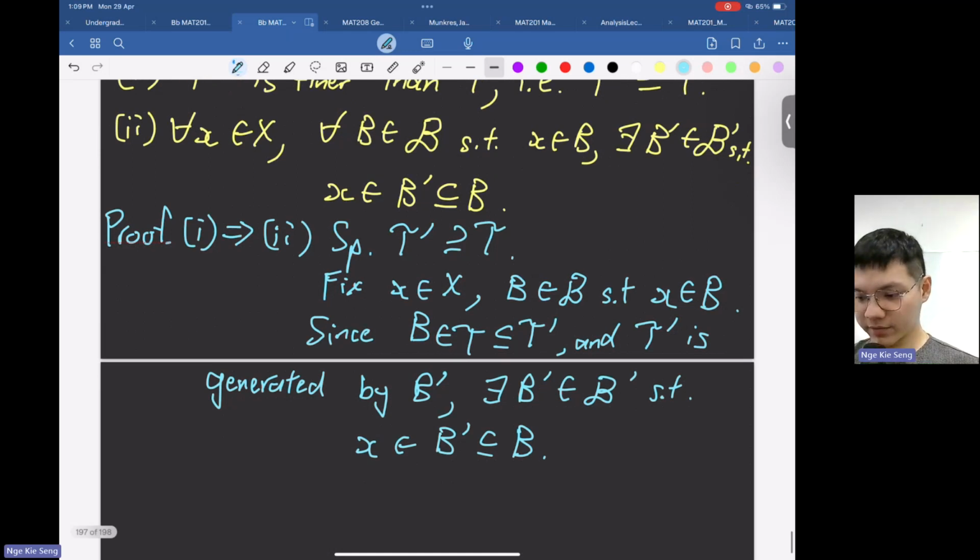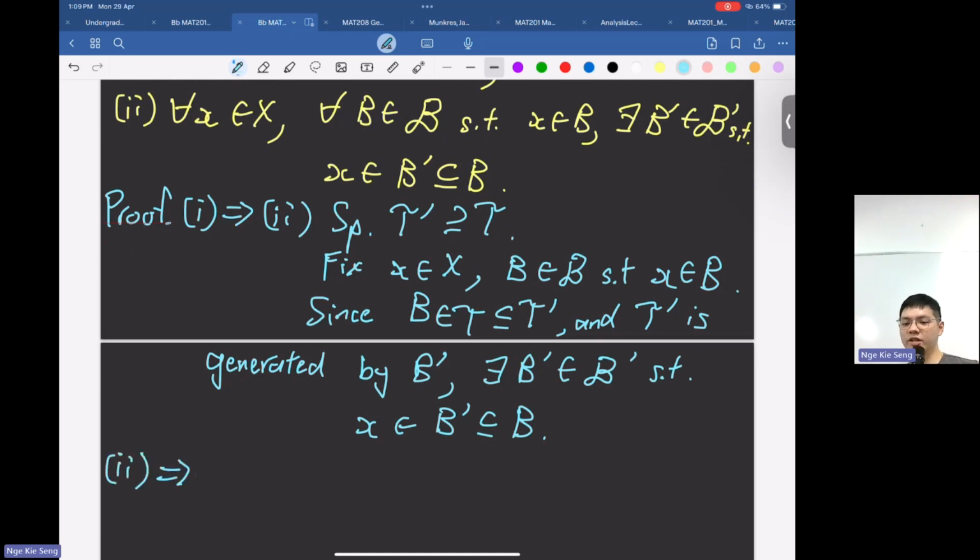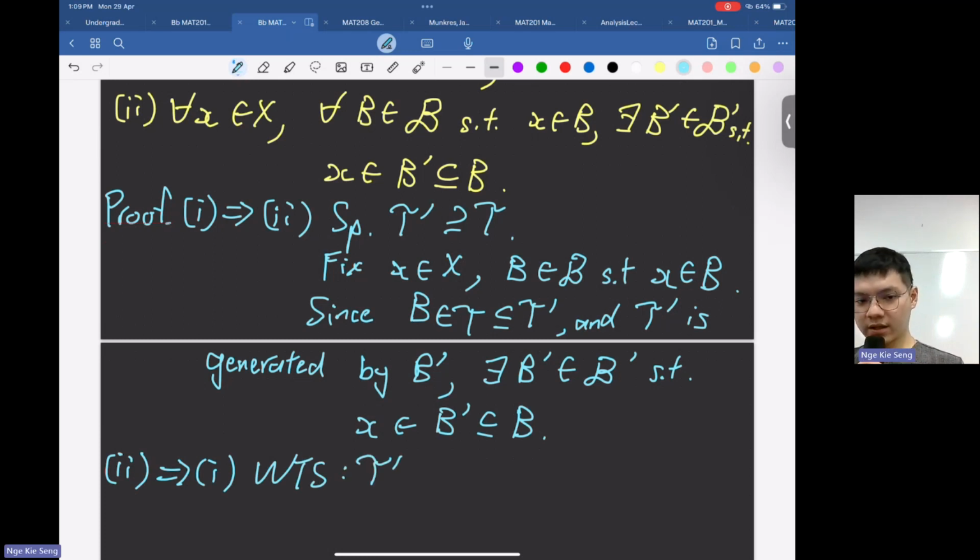How about 2 implies 1? Suppose the second condition holds, you want to show that T prime contains T. Meaning every open set in T, you need to show that it is an open set in T prime.